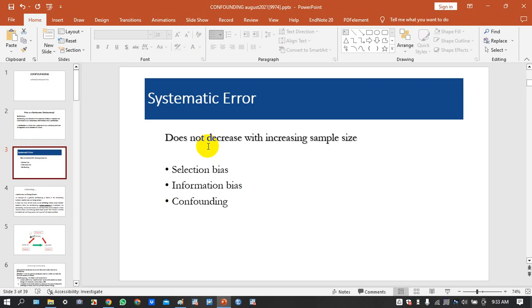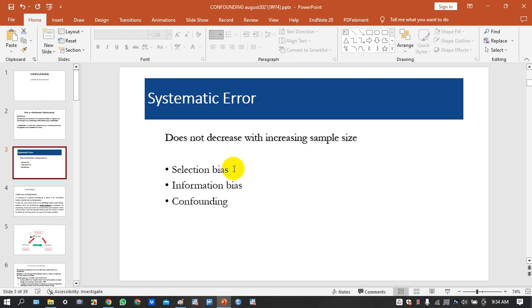So, systematic error. What does a confounder do? The confounder does not decrease with increasing sample size, meaning that in statistics, whenever you increase sample size, you get correct results or better, strong associations, so that you can make informed judgments or conclusions.